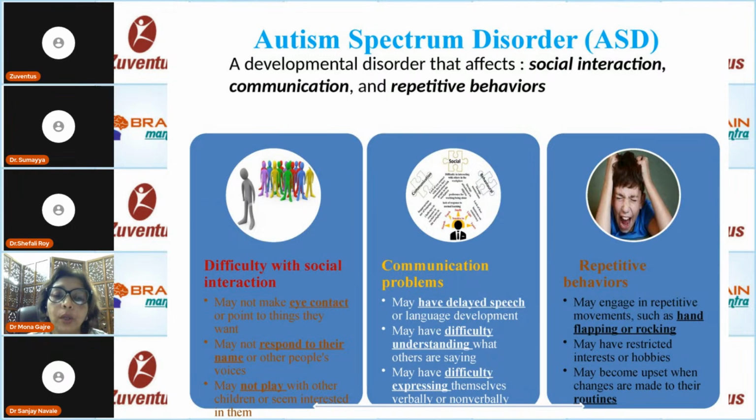Now, coming on to repetitive behaviors, the child may have repetitive behaviors such as hand flapping or rocking. And you saw this rocking behavior in the first video. As a child becomes older, the child may have specific interests or hobbies. If there is a discussion happening about cars, and the child is fixated on cars, then the child will just keep on talking about cars.